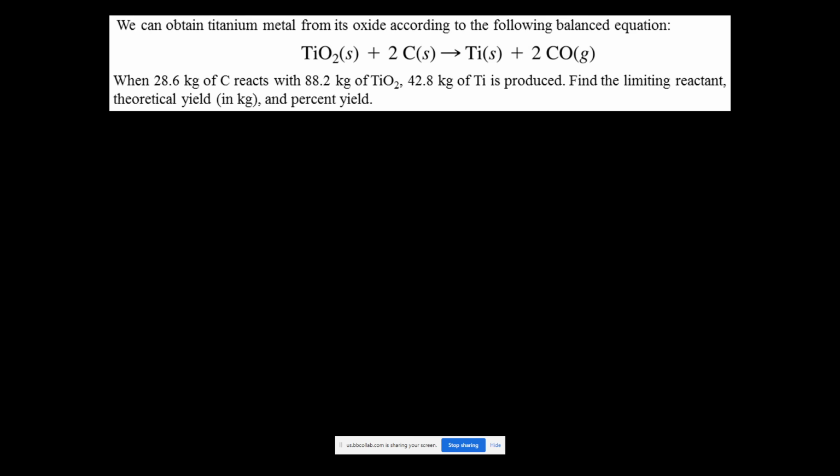So on the exam, there will be stoichiometry. Some of it will be a little bit more complicated than other parts, but there will be one question where you will have to determine the percent yield, and there will be another question where you'll be finding limiting reactants.